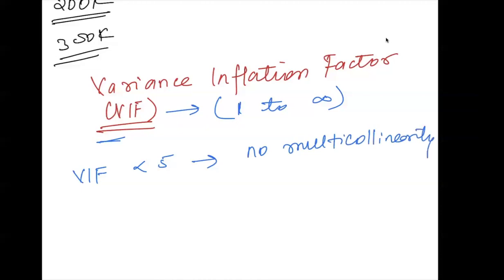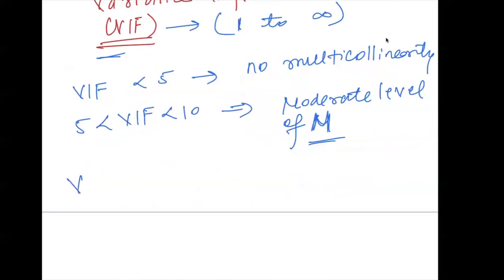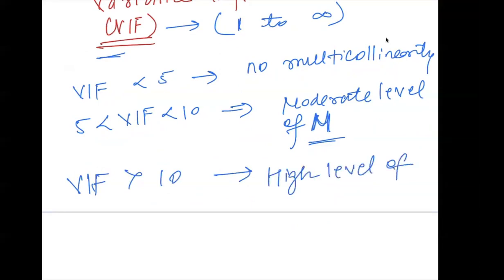If VIF is between 5 to 10, it means a moderate level of multicollinearity. And if it's greater than 10, this means a high level of multicollinearity. So we have a danger in this case.